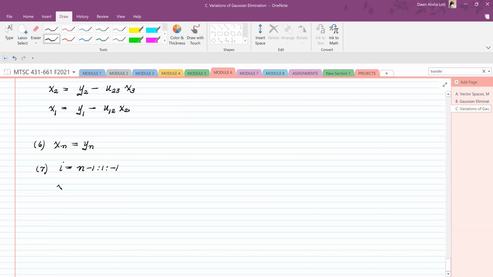So you would have xi equal yi minus ui times xi plus 1. And there you go. So this algorithm only requires 5n minus 4 operations.